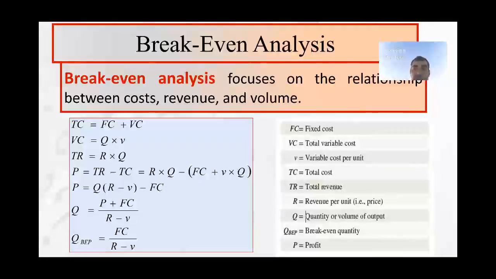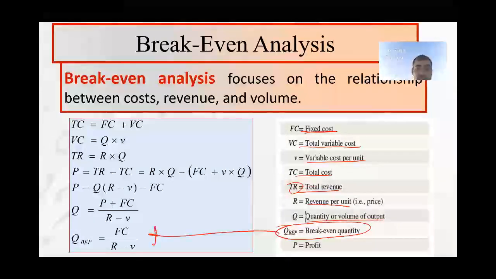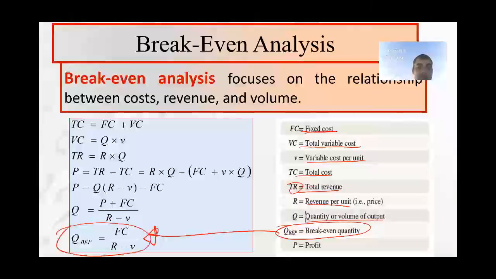So again, we have fixed cost, variable cost per unit, total cost, total revenue, which is TR, revenue per unit, quantity, and break-even point. That's going to be very important, and this is where this equation is coming from.